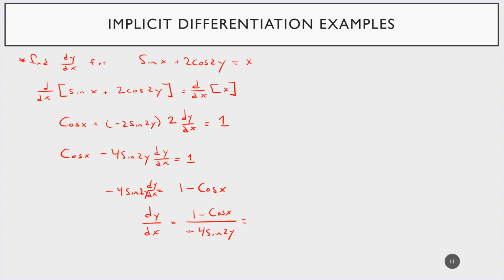And look, the negative in the denominator is weird, so I'm going to bring it up into the numerator, but when I do, it's going to make this negative and this positive. So it becomes cosine of x minus 1 all over 4 sine of 2y. So just remember, when you differentiate, you got to differentiate the inside of the trig functions here.